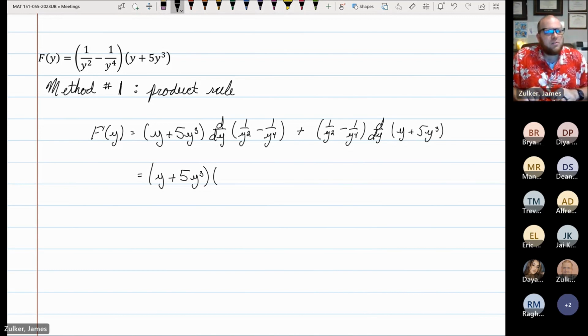Derivative of 1 over y squared minus 1 over y to the fourth.